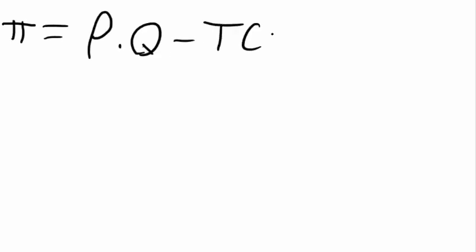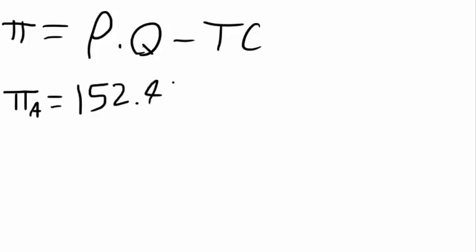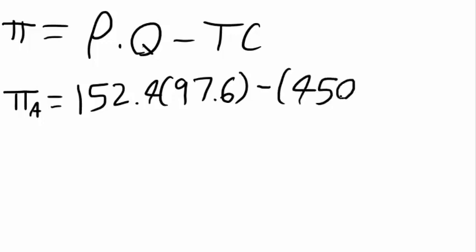Last but not least, we will find the profit. And if we recall, the profit function is price times quantity minus our total cost. And so the profit function for A will be our price of 152.4 times 97.6, and then minus our total cost function of 450 plus 6 times 97.6.